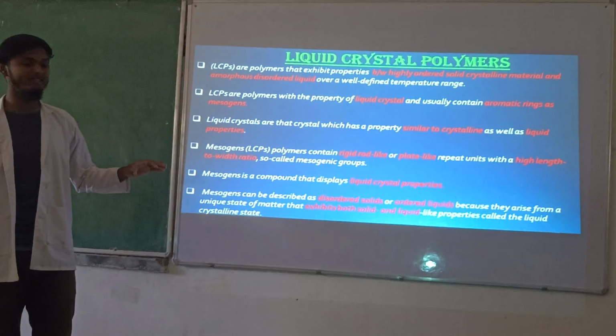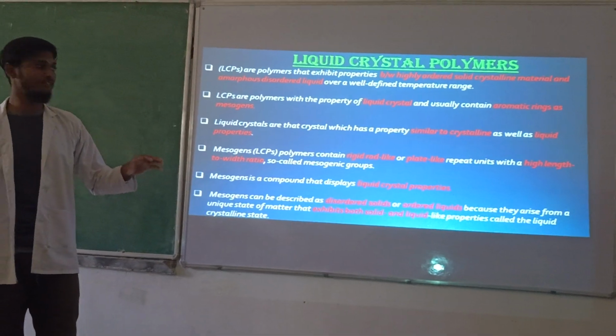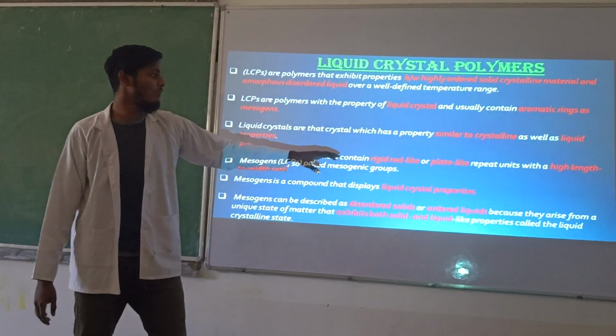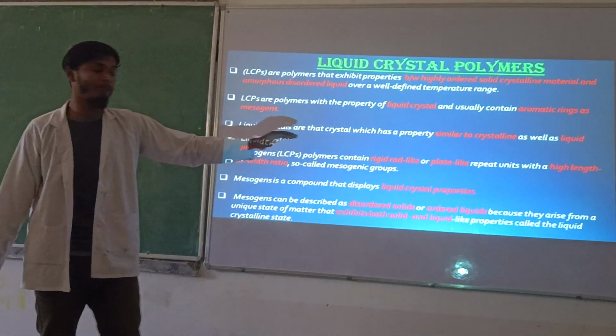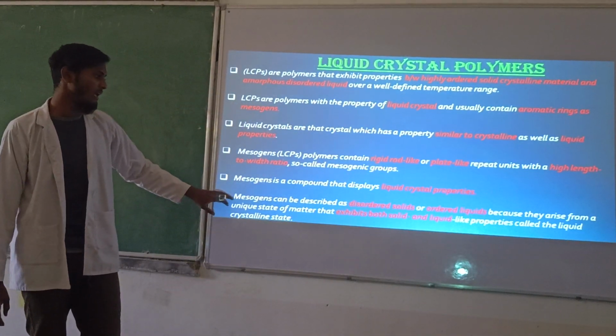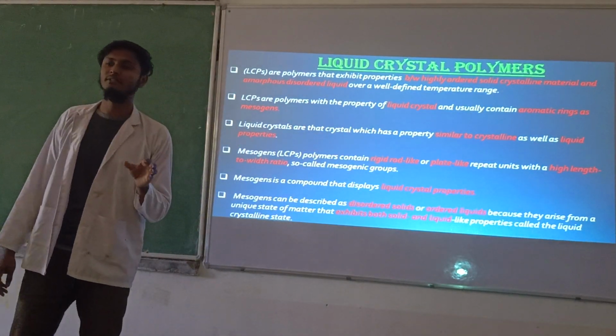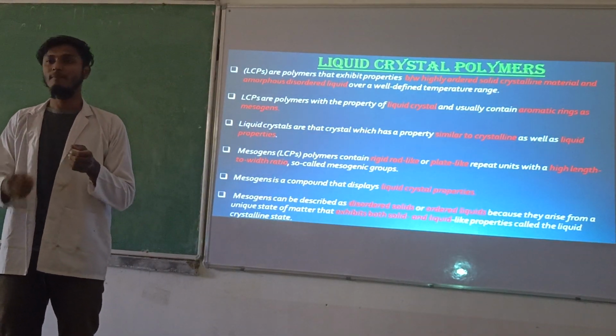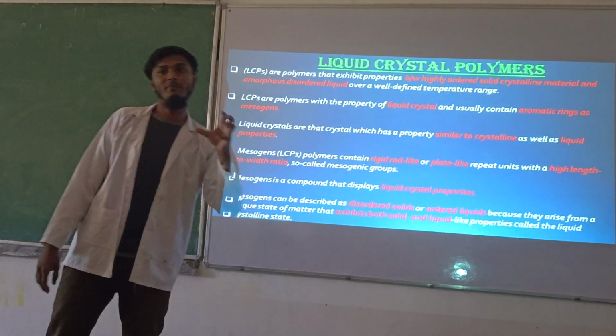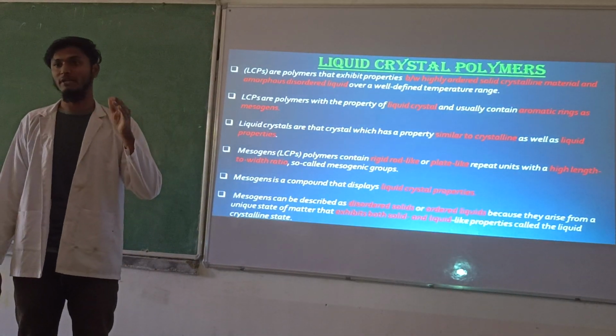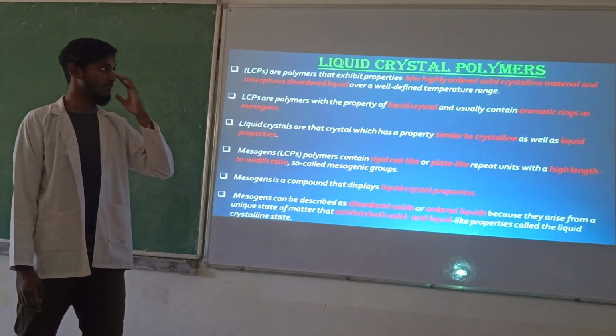Mesogens are the compounds which have liquid crystal properties, and they have a rigid rod-like and plate-like structure. They have a disordered solid and an ordered liquid. Disordered means they are not in an orderly way, and ordered means they will be in a pattern form in a liquid form. Yes, sir. Next.